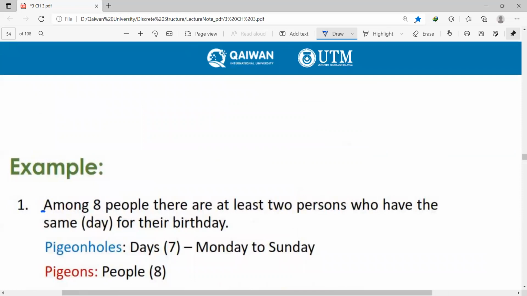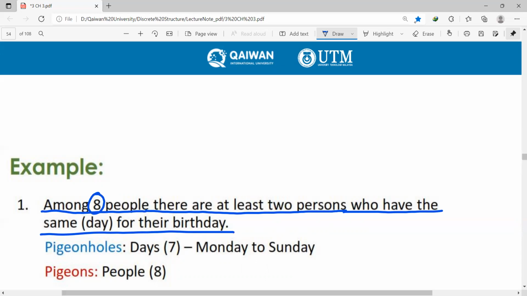Among 8 people, there are at least 2 persons who have the same day of the birthday. Look, you have 7 days in a week. The number of days in a week is 7, and here we have 8 people.